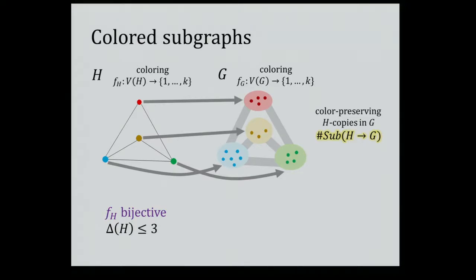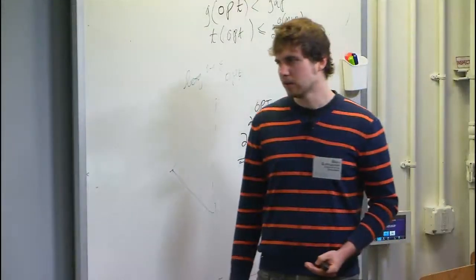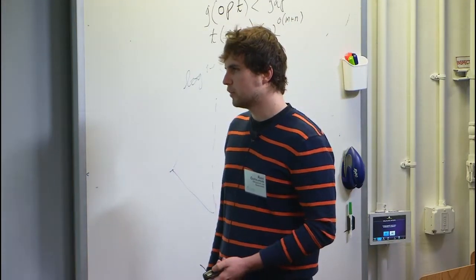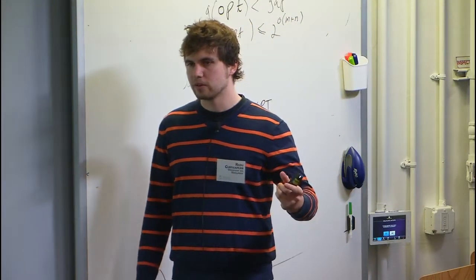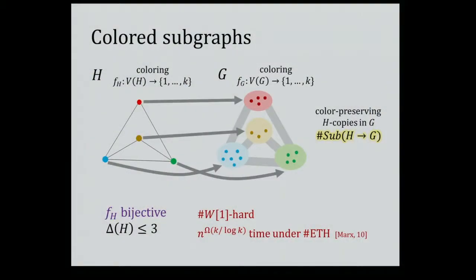So in that case, we speak of a colorful subgraph. And the maximum degree of H is also supposed to be bounded by 3. So even in this special case, we can show that the problem is sharp W1 hard by a very simple reduction from cliques to multicolored cliques and then ending up in this problem. And in fact, by the tree width result by Daniel, we can also show that this problem has an n to the omega k over log k time lower bound under counting ETH.